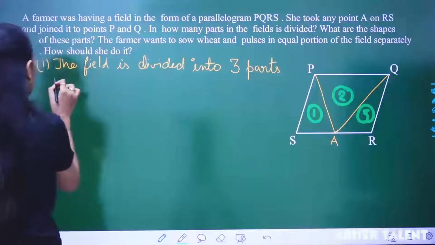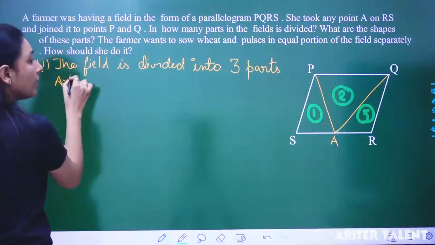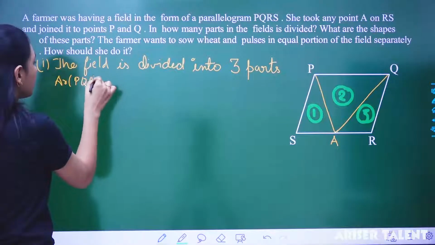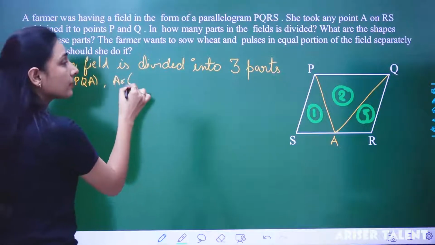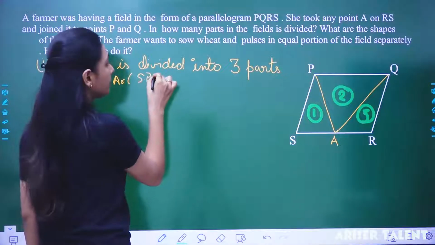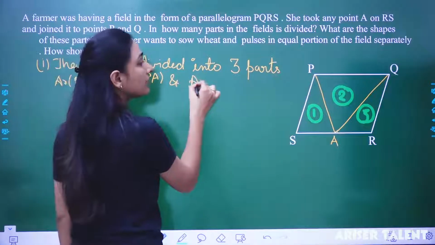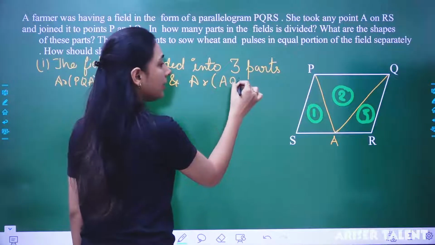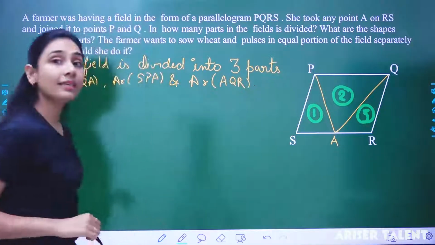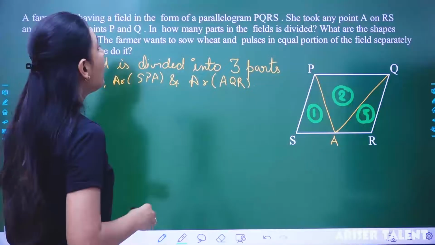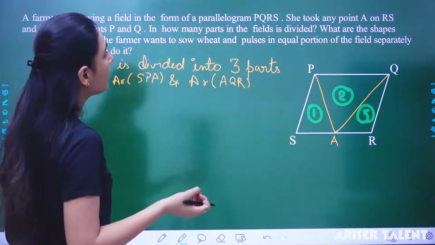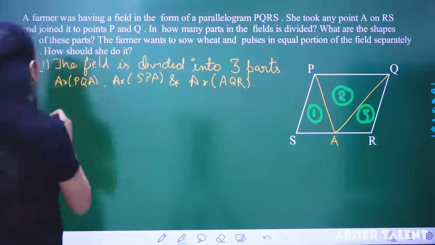You can write the parts also: area PQA, area SPA, and area AQR. These are the 3 areas. What are the shapes of the 3 parts?